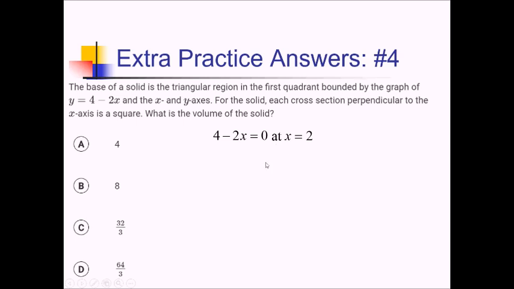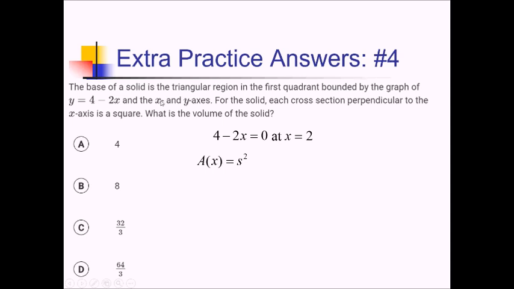Let me get my function that I'm plugging into the integral. So in general, since my cross sections are squares, let me write A of x equals s squared, just as a starting point. But now we have to replace this s with something that actually has x's so that I can integrate this thing. Well, the side of each of these squares is basically going to be the distance from the lower part of the bounded region to the upper part.